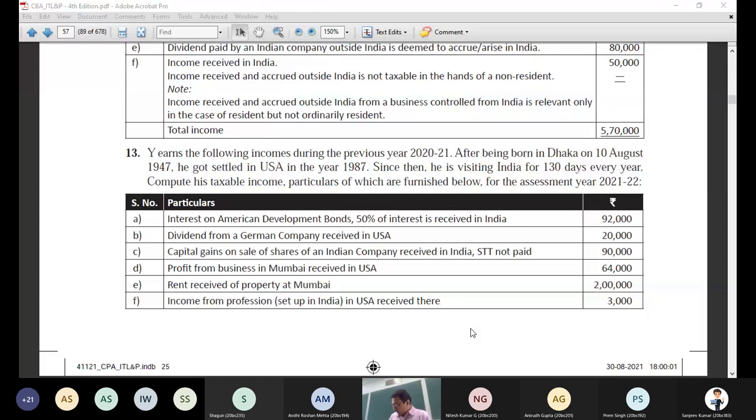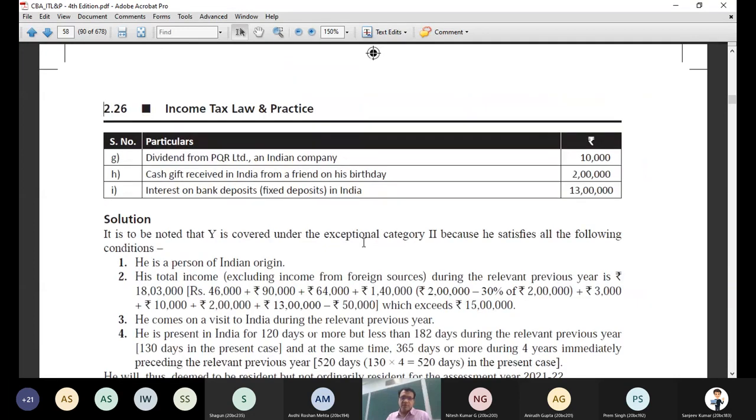Okay. Now you take the screenshot of next page also. These three lines, G, H and I. These 3 points also. And then we will discuss each and every point.